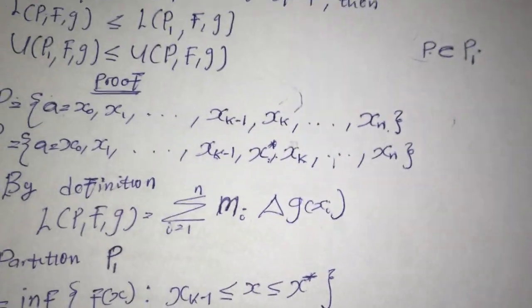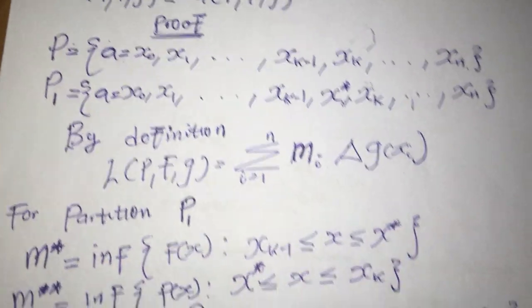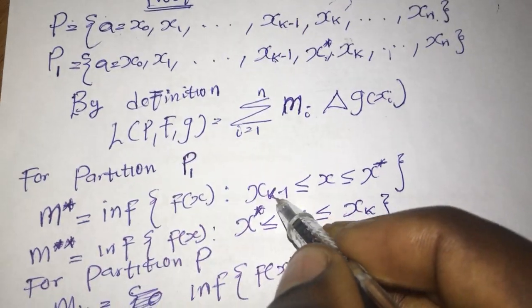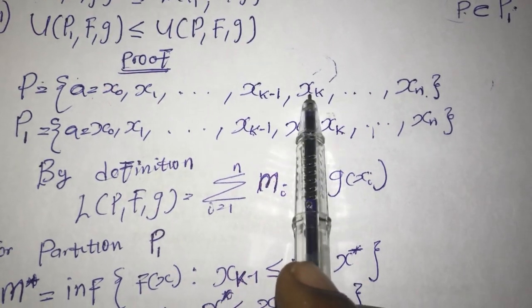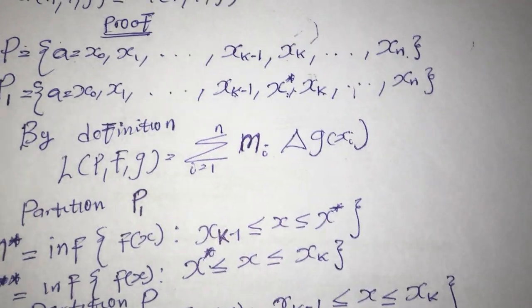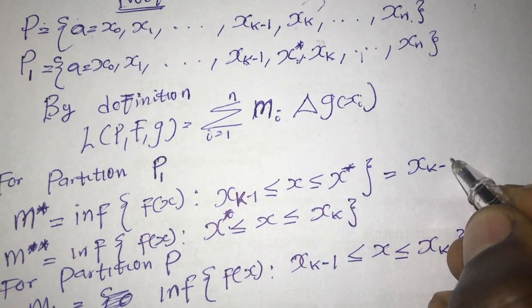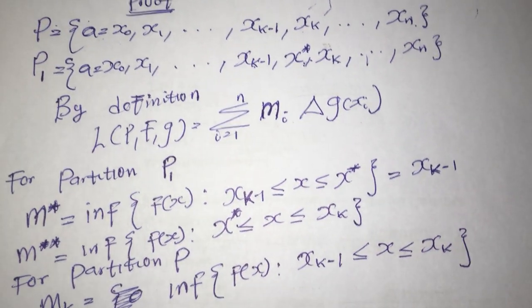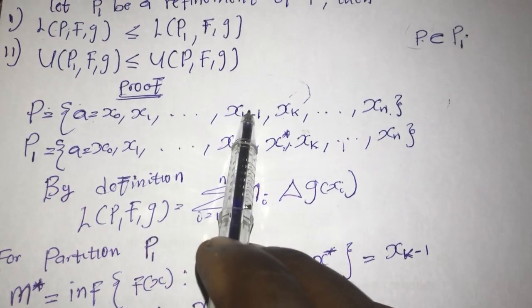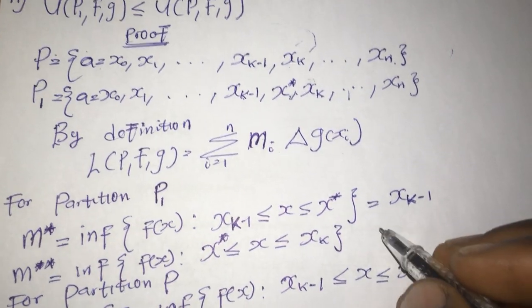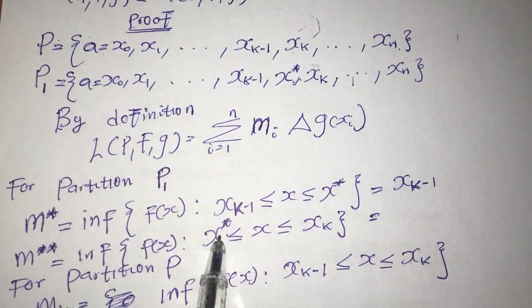Now, when we get there, I will explain something here. If this is less than this, what do you think the infimum will be? The infimum will be s_{k-1}. Do you get it? Because you can see that from here, this one is less than this. Now from here, what will be the infimum of this?